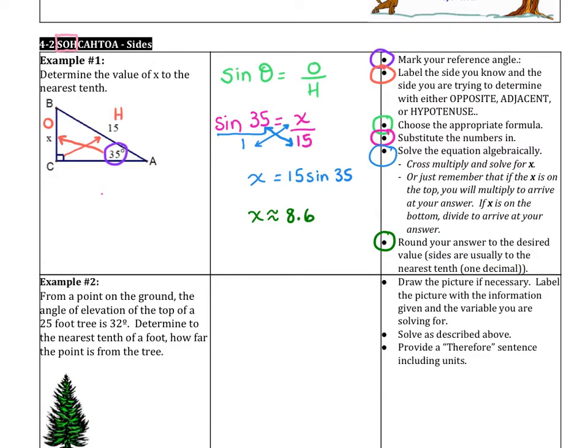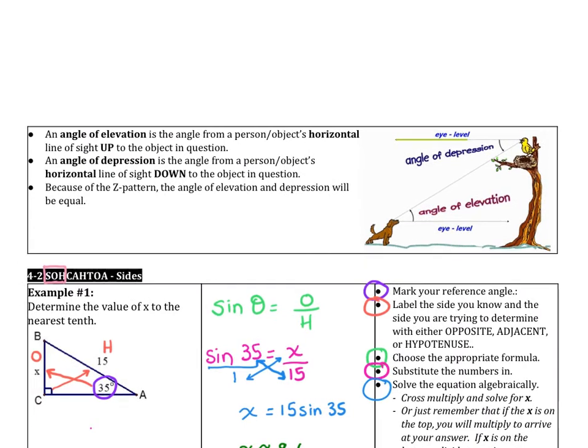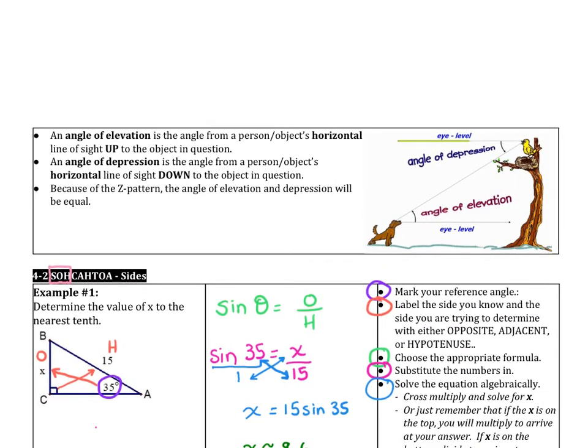Now for a word problem, just want to remind you about angle of elevation and angle of depression. So angle of elevation is when the lower object looks up at the higher object. So the dog's angle of elevation is from the horizontal eye level line of sight and the angle it looks up to get the bird. The angle of depression would be the angle that the bird looks down at the dog.